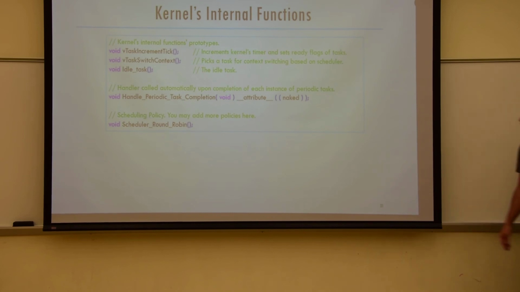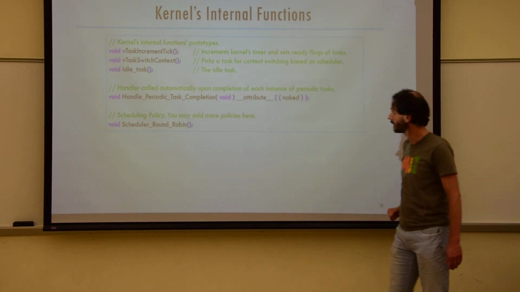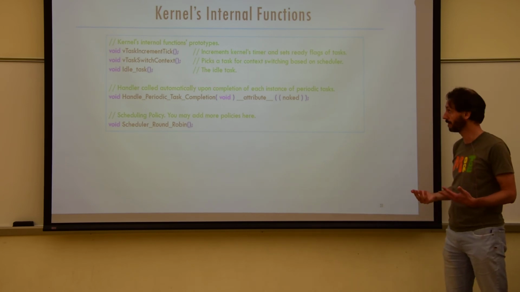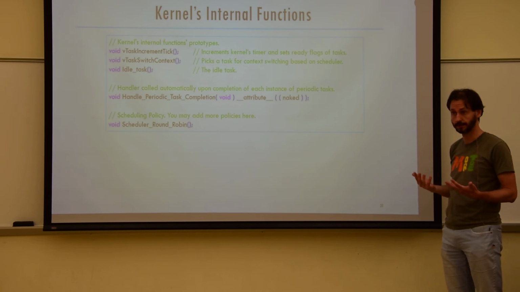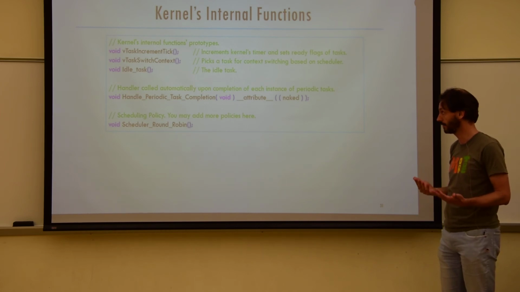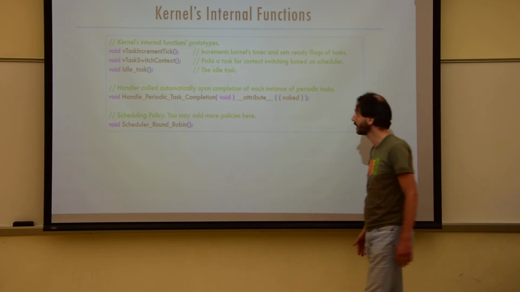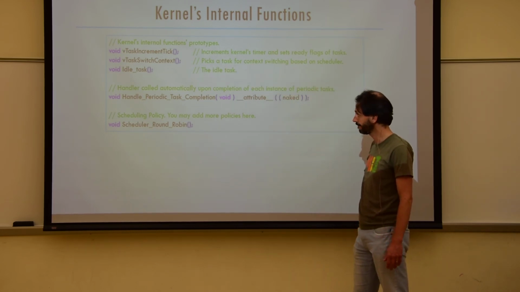So what are the kernel's internal functions? Here we have the task increment tick, which is simply the kernel's timer, timer 1 in this particular case. It also sets the ready flags of the tasks; you want to make sure to move those that are not blocked anymore into the ready state. You pick a task for context switching based on the scheduler.